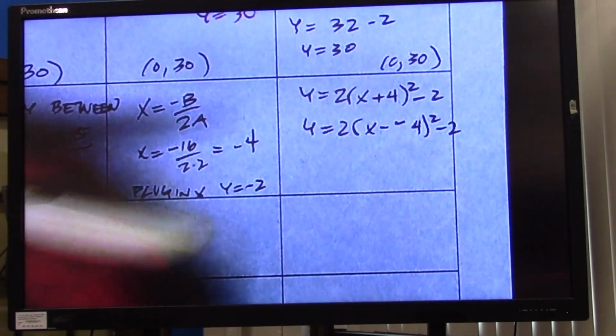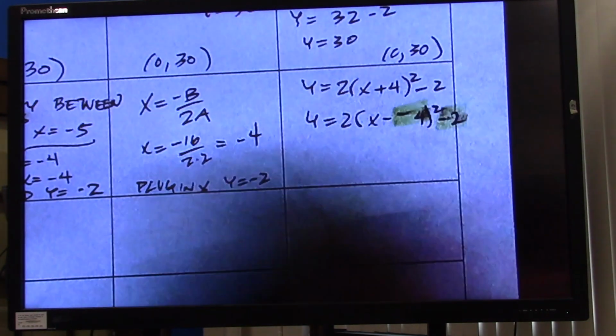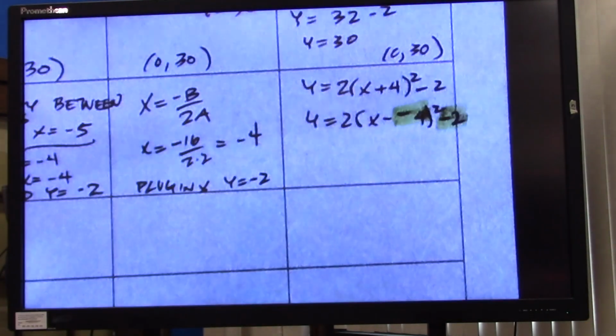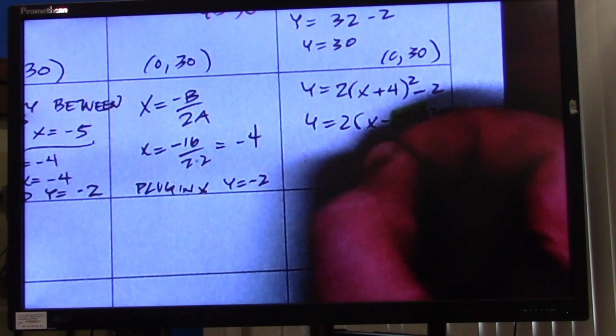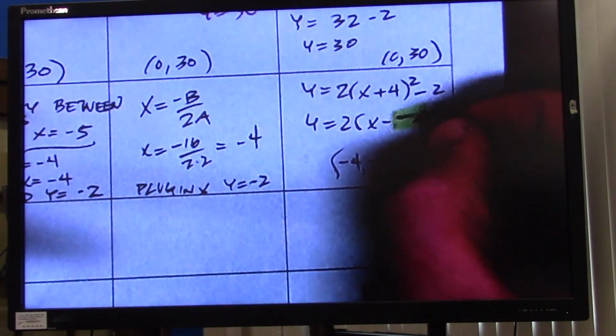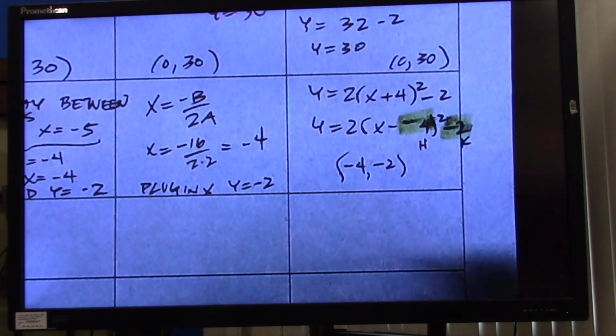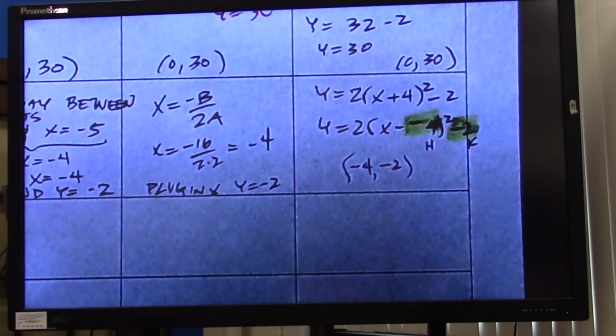And if you know where to look, then you're done. That's the h and that's the k, that's the vertex. So that one's just deconstructing the form.